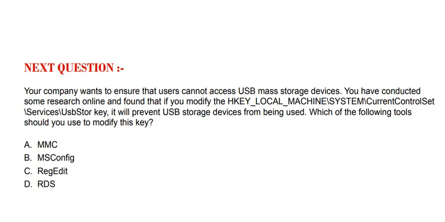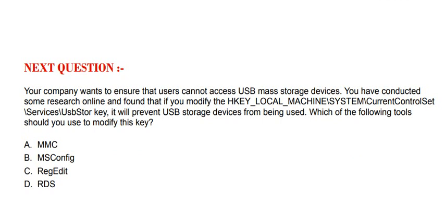Next question is, your company wants to ensure that users cannot access USB mass storage devices. You have conducted some research online and found that if you modify the HKEY_LOCAL_MACHINE\SYSTEM\CurrentControlSet\Services\USBSTOR key, it will prevent USB storage devices from being used.